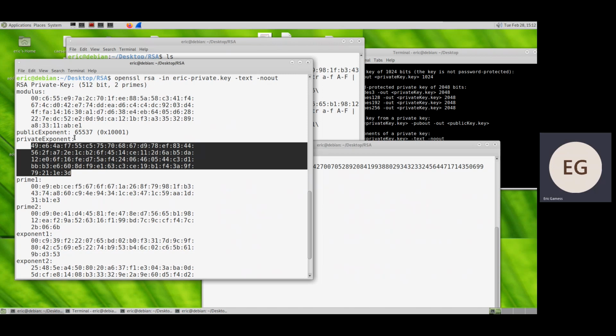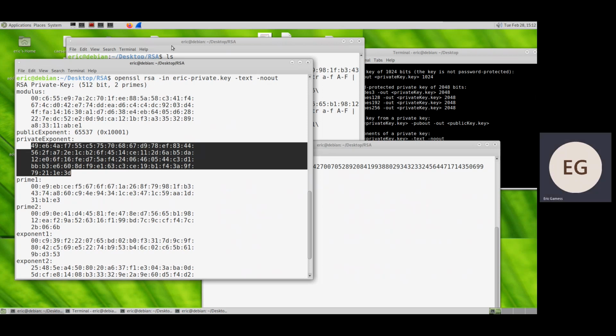We don't need all this information for the private key, but having it makes it faster when we have to compute, for example, when we are going to sign or when we are going to decrypt. It makes it faster. So that's why in the private key we have all this information.